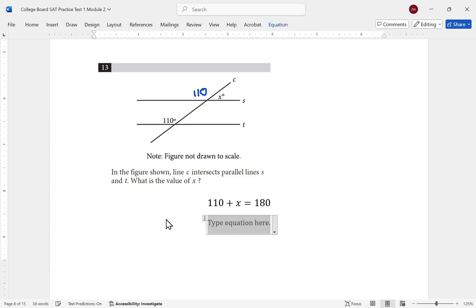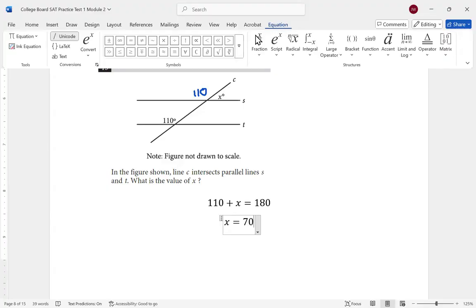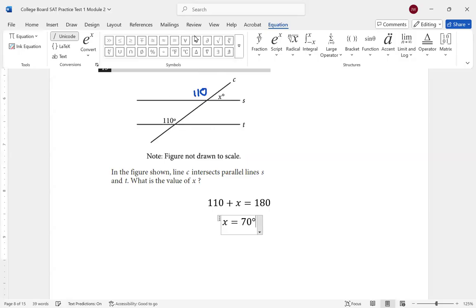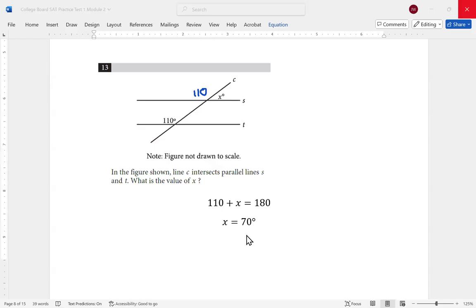And that means x is going to be 70 degrees. Let's see if I have the degree mark on here. So there that is. X is equal to 70 degrees.